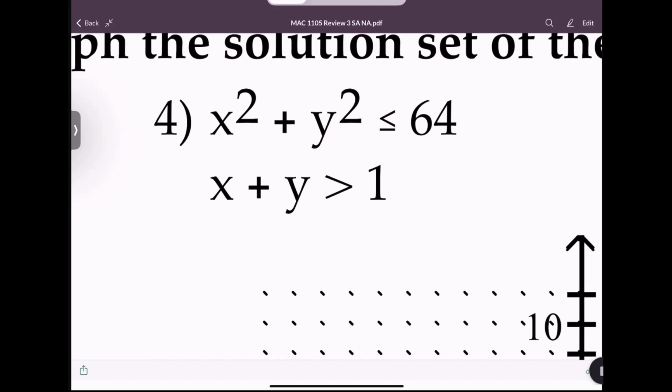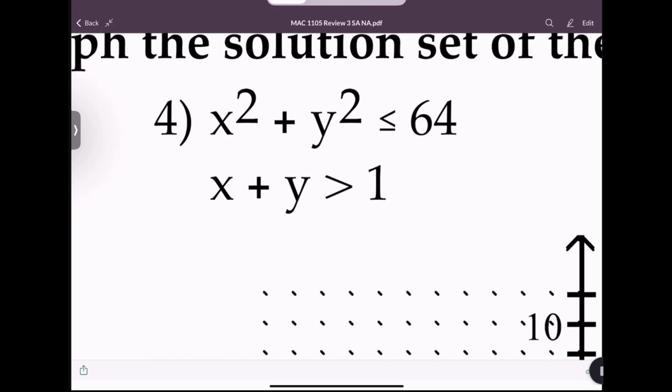That is a line, a diagonal line. So I want to get y by itself. Slope is negative 1. Y-intercept is 1. So 0, 1 is my y-intercept. I go down 1, right 1, down 1, right 1, down 1, right 1. Do I shade to the left or to the right? You would want to pick a test point. Now, there are some teachers that teach it based on the sign.